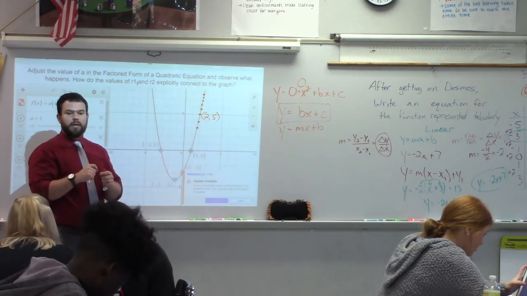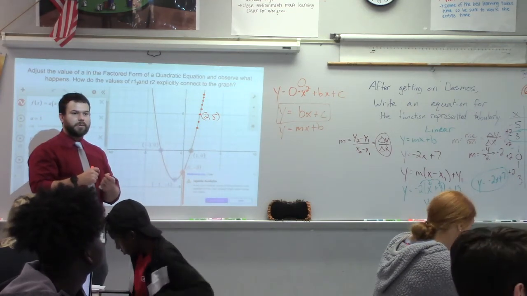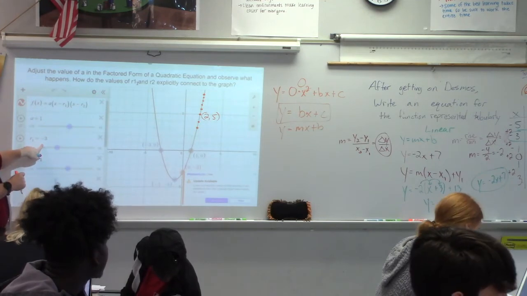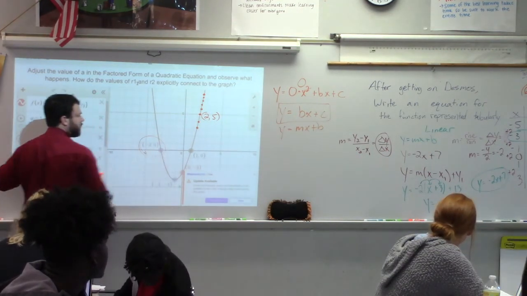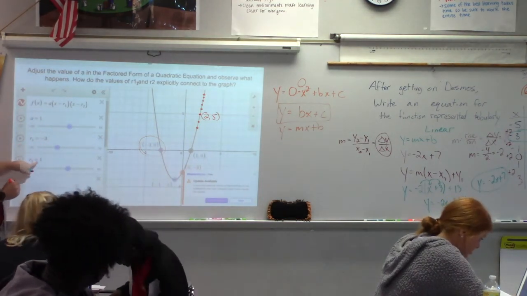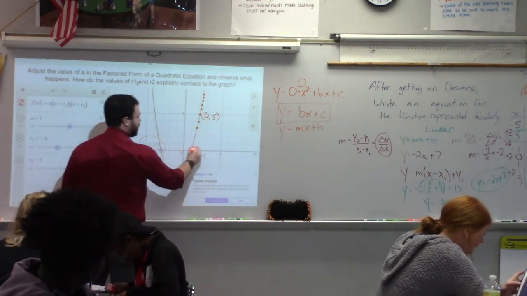Most of us are starting to know that R1 and R2 are defining the what? The x-intercepts. Right now, my R1 is -3, and one of my x-intercepts is (-3, 0). R2 right now is 1, and what's one of my x-intercepts?